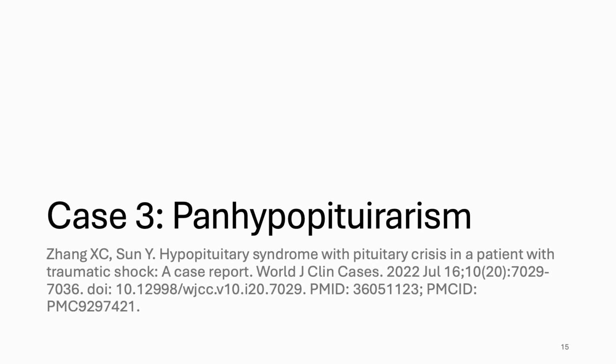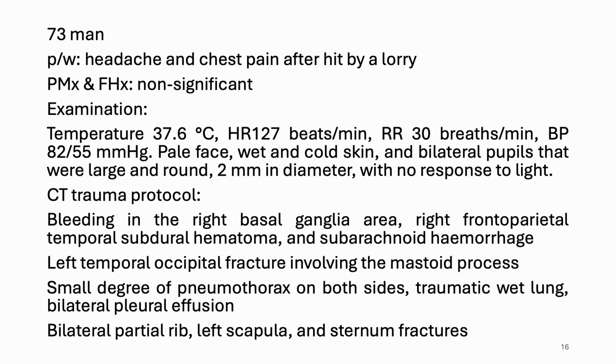Now the last case study showcases the approach to patients with hypotension with a problem of panhypopituitarism. It is a case published by Chang et al. They described a 73-year-old man who presented with headache and chest pain after being hit by a lorry. There's no significant past medical and family history.